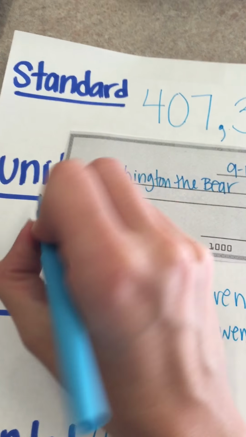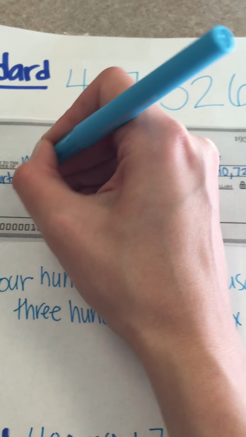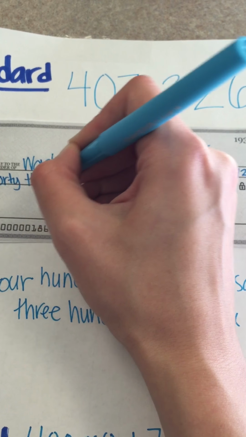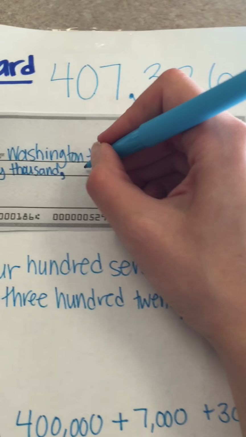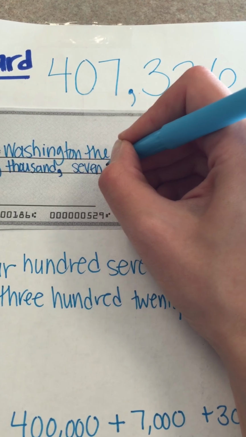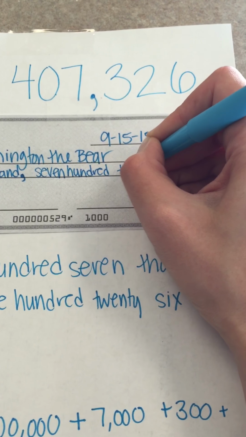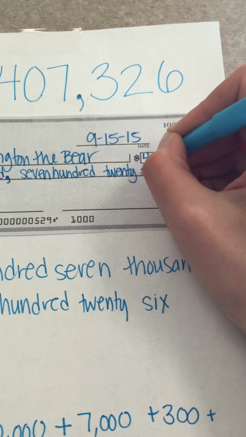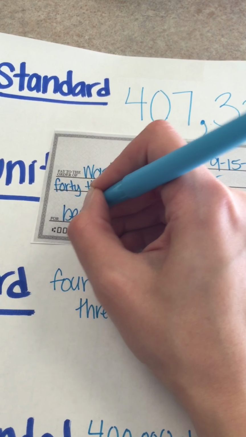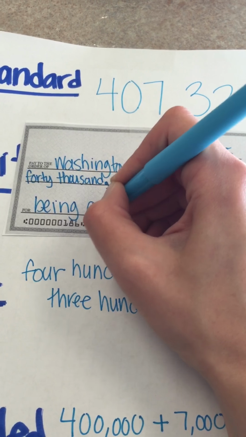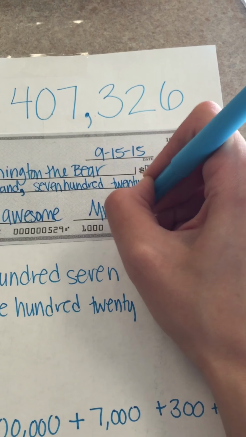So I would come over on this line and you actually write out 40,000, comma, because that's where the comma is in my number. 726. And then I would say for, maybe I'm giving it to him for being awesome. And then I would sign my name here.